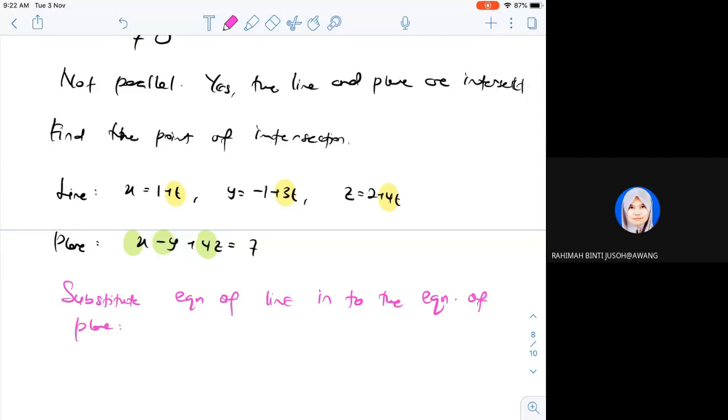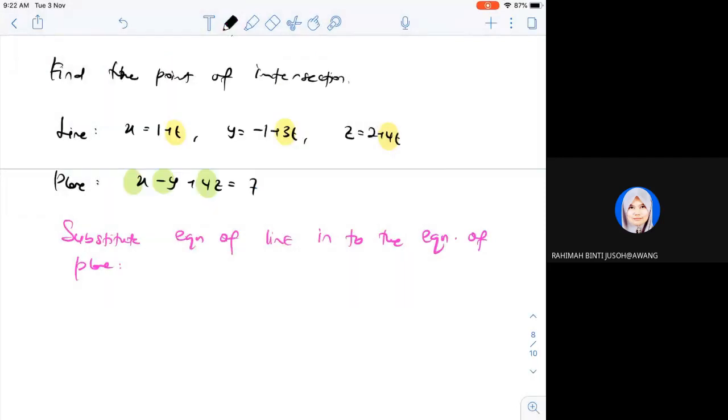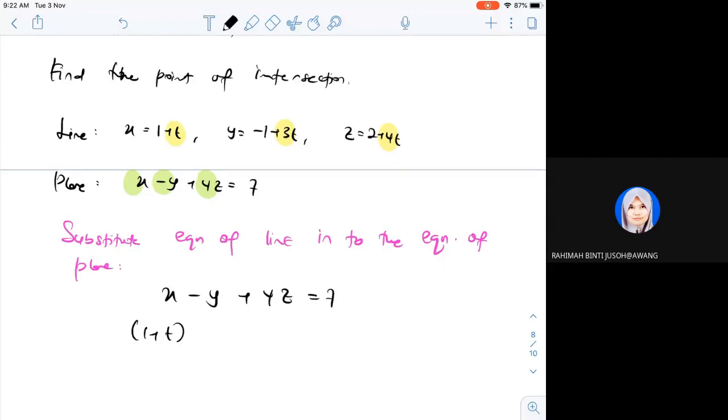Okay, so equation of plane kita ada x minus y plus 4z equals to 7. So x daripada equation of line, x adalah bersamaan dengan 1 plus t minus negative 1 plus 3t plus 4 times 2 plus 4t equals to 7 like this.